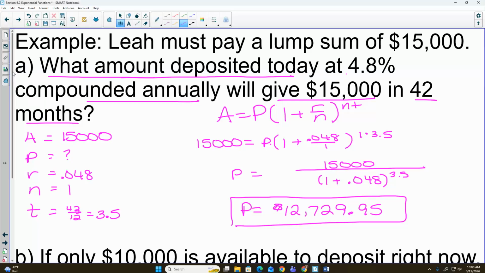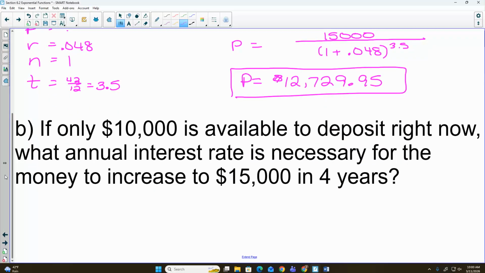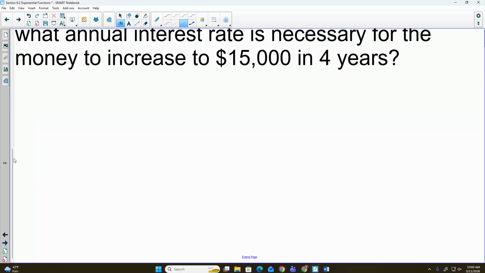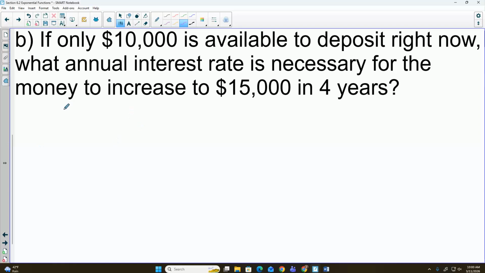Part B. If only $10,000 is available to deposit right now. So we're still looking at this. If I have 10,000 right now, which variable is what we have right now?